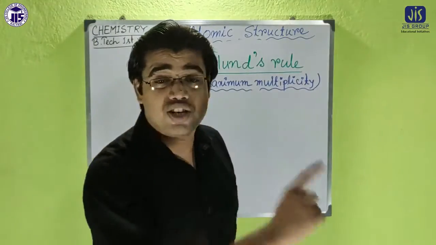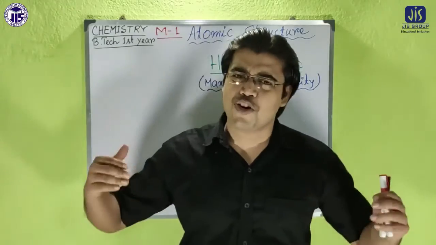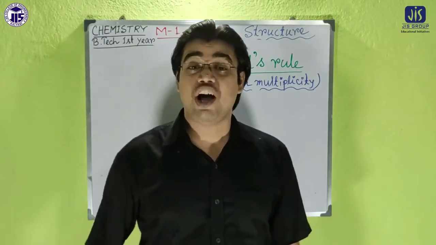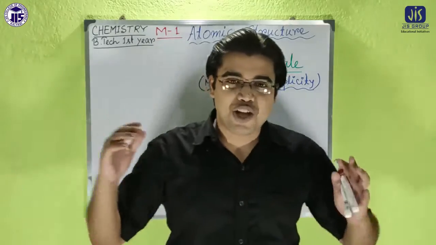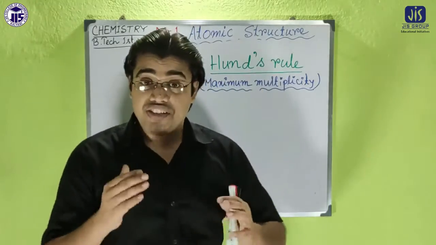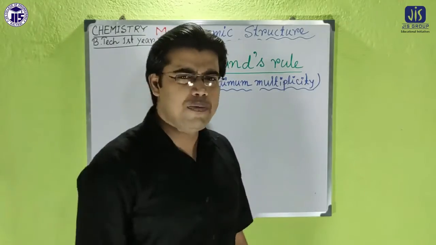Hund's rule is very helpful to determine how electrons will be filled in the orbitals under the same subshell. That means if the orbitals are within a particular subshell, then obviously their energy will be equal.